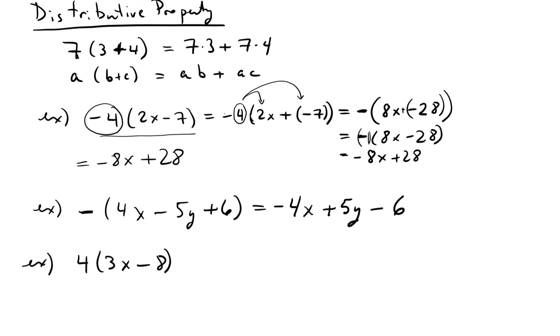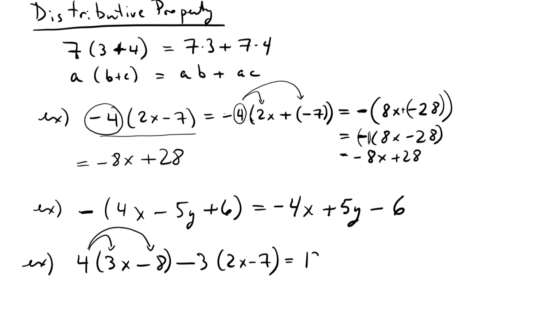Something like this. Notice I'm going to change line. Well, I could have actually, I still have a bit of space. But I can put the equality sign there, or if I change line, I put it here. It's really up to you. Now I'm going to distribute the 4. 4 times 3x, 4 times minus 8.